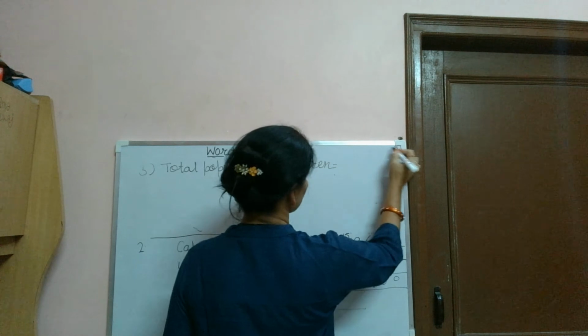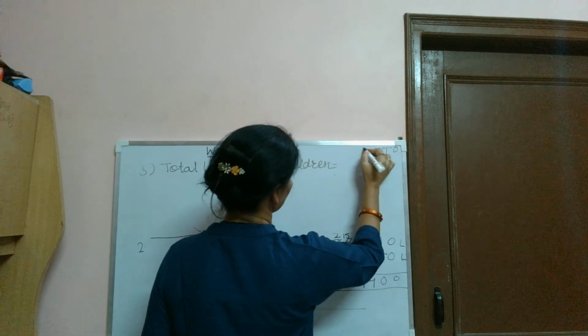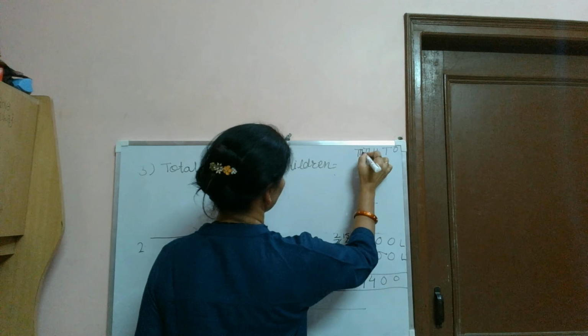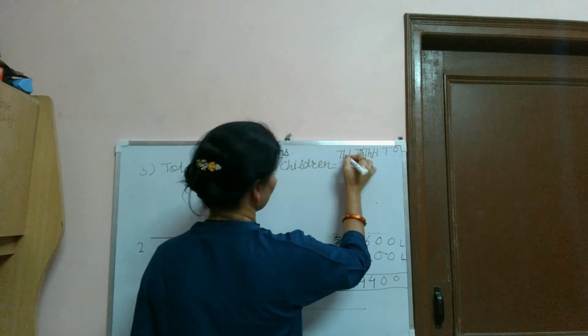Again we will put the places: ones, tens, hundred, thousand, 10,000, lakh and 10 lakh.